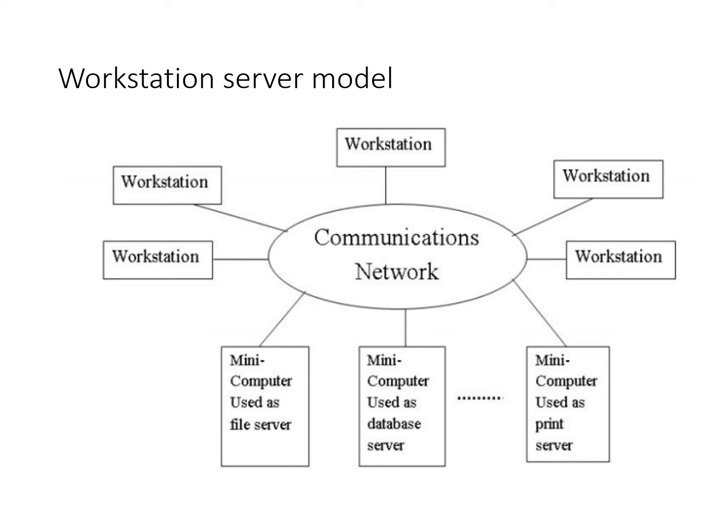As we discussed earlier, mini computers work as server stations, and they can provide various types of services. And there are workstations through which the user will log in and get their work done from the server mini computers.